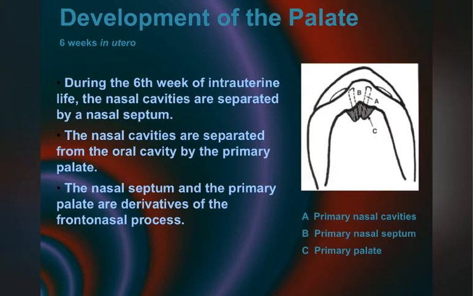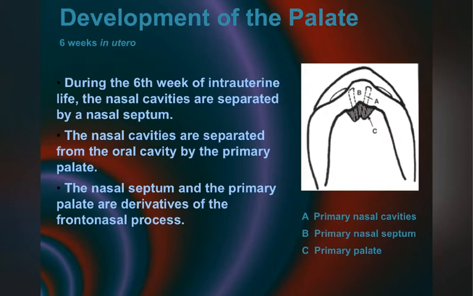The remainder of the hard palate, plus the soft palate, plus the uvula, is called the secondary palate, and it's derived from the maxillary process, specifically from what is called lateral palatal shelves.